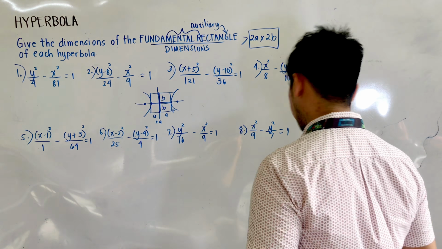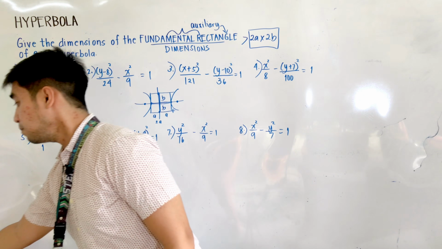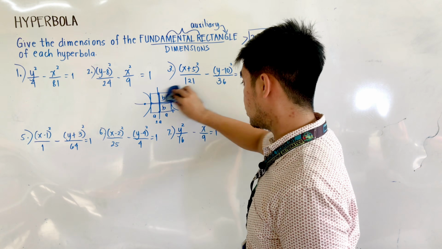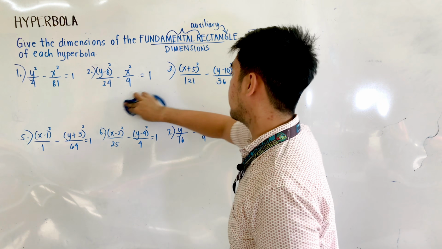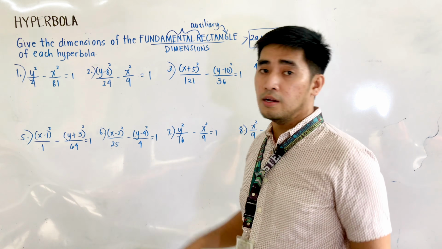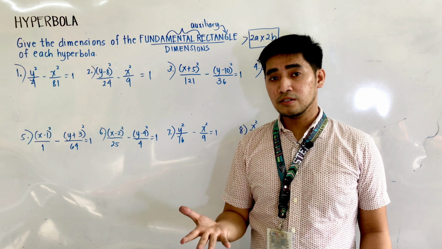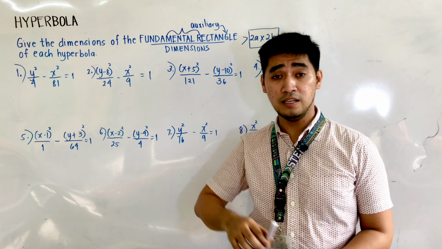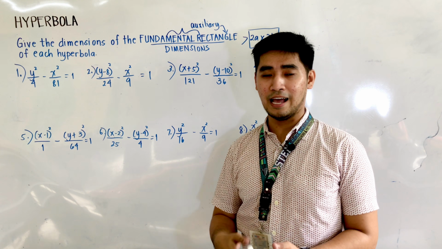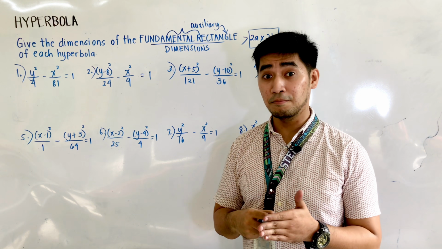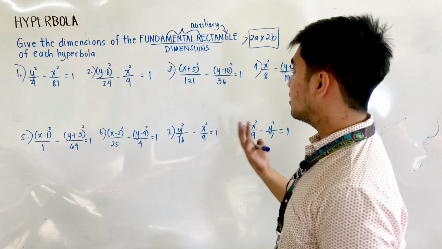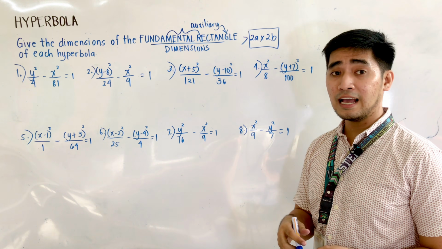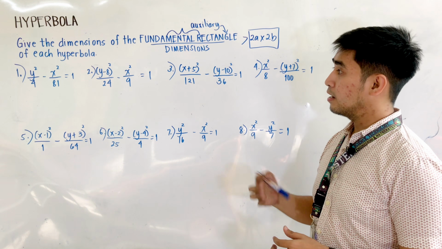So, not 2a by 2c, not 2b by 2c, but it is 2a by 2b. Again, that is the length of the transverse axis by the length of the conjugate axis, which is 2a by 2b. I hope that it is clear that that is the dimension of the auxiliary rectangle or the fundamental rectangle.